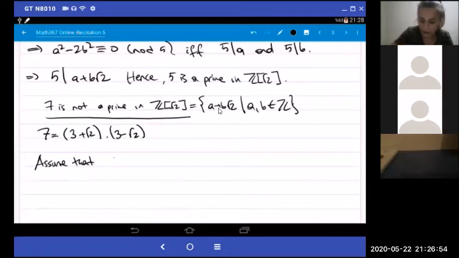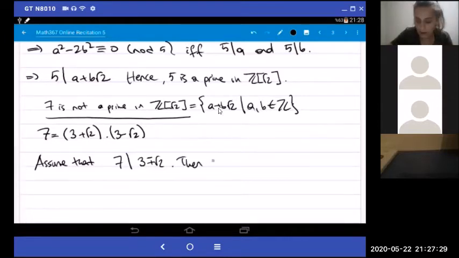Assume that 7 divides. I'm going to perform it just in the same line because the norm of this, applying the Euclidean function, both of these elements gives the same result. So I'm going to perform plus and minus at the same time. So if we assume this one, then this means that there exists an element in our ring such that we can write 3 plus minus root 2 as a multiple of 7.